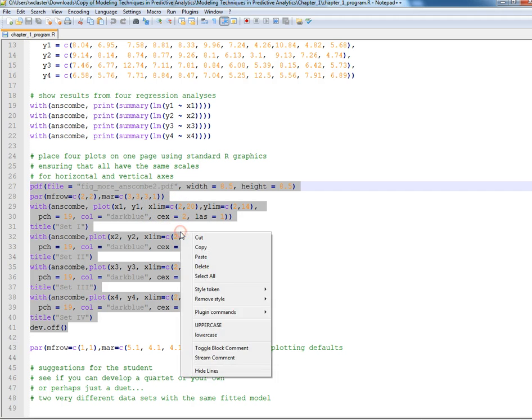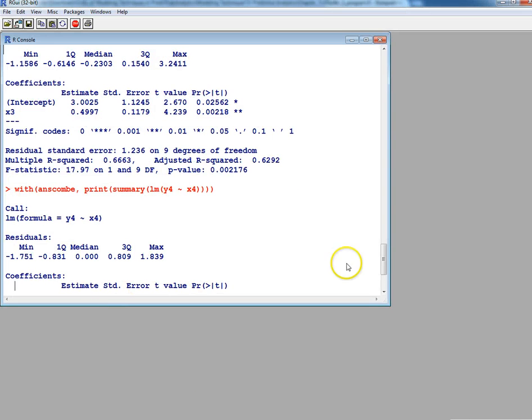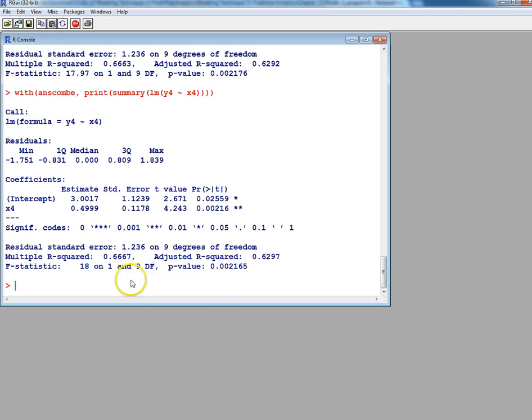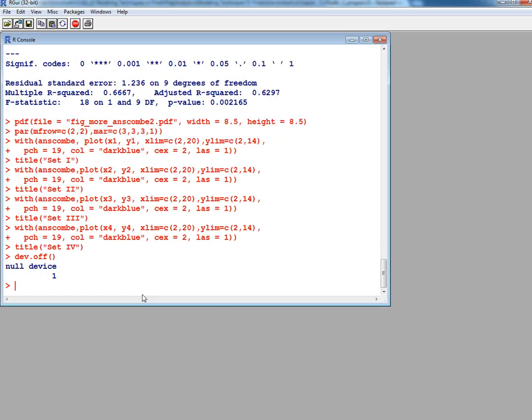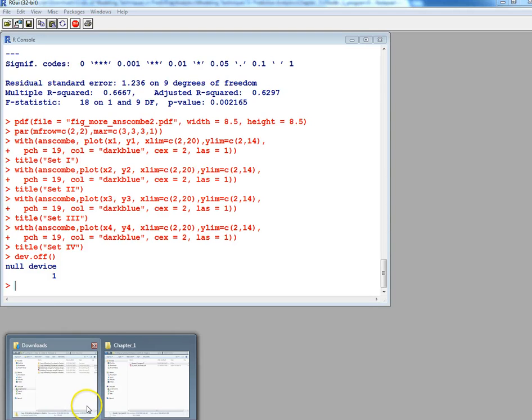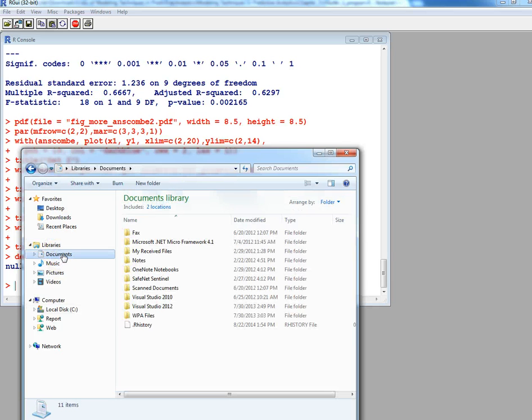But anyway, let's just run this and see what we get. Remember, we're trying to understand these data sets and see if they're the same. According to all our analytics, they are the same. Now let's check and see what we got in our working directory. Where's our working directory, by the way? Here.